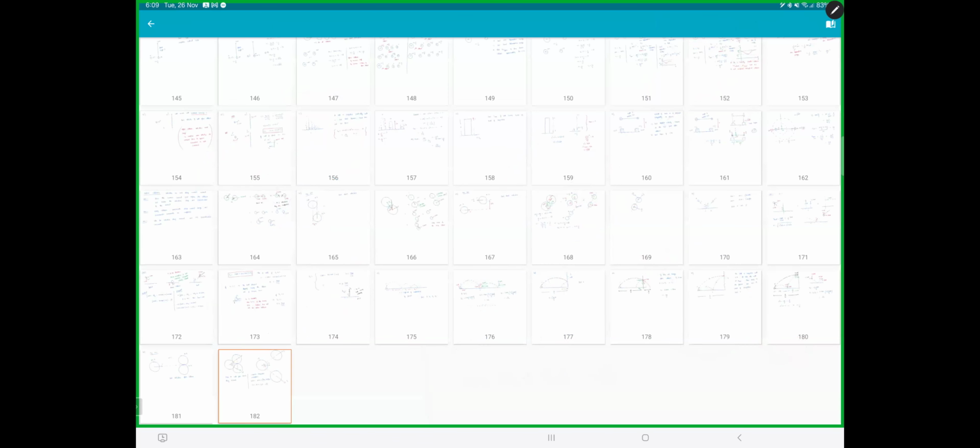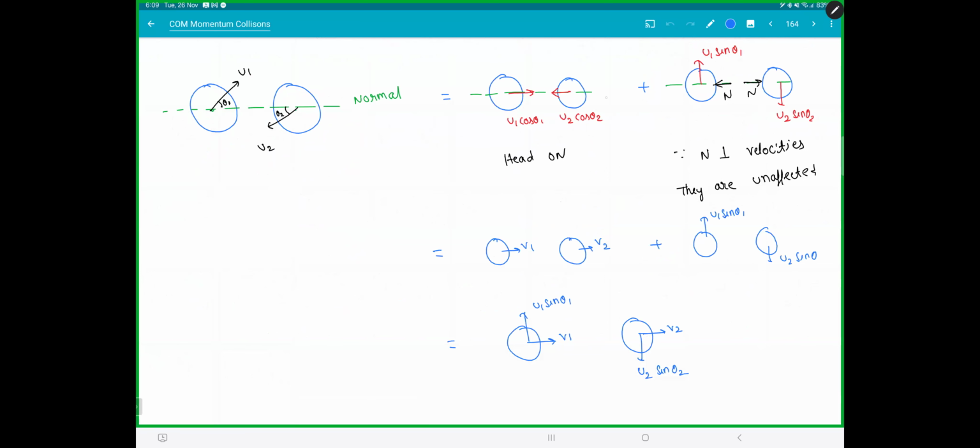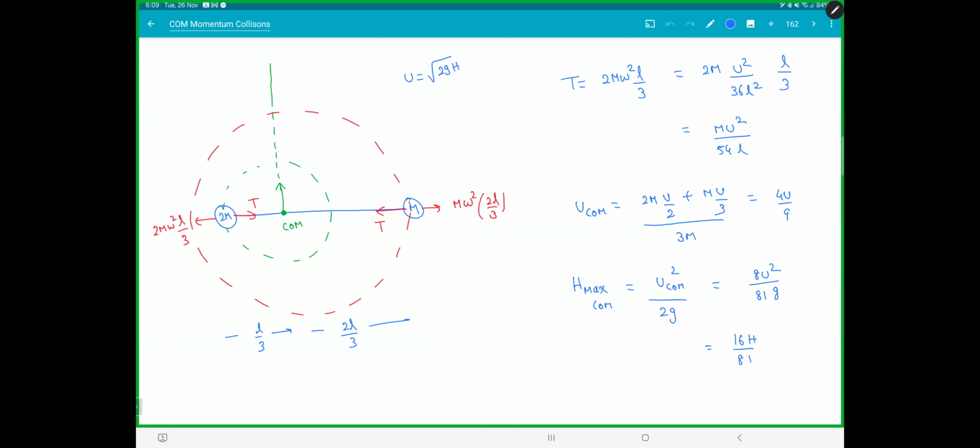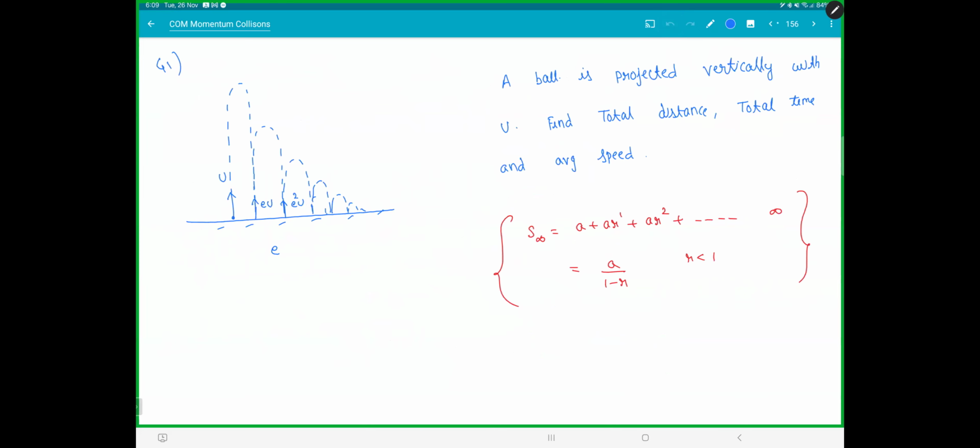We used to resolve the velocities along the normal, then apply head-on collision, so apply restitution and solve. That means in the formula, v2, v1 and u1, u2 are velocities along the normal. They're not the complete velocities. Is that making sense? Because the perpendicular components are unaffected, they don't come in the picture.